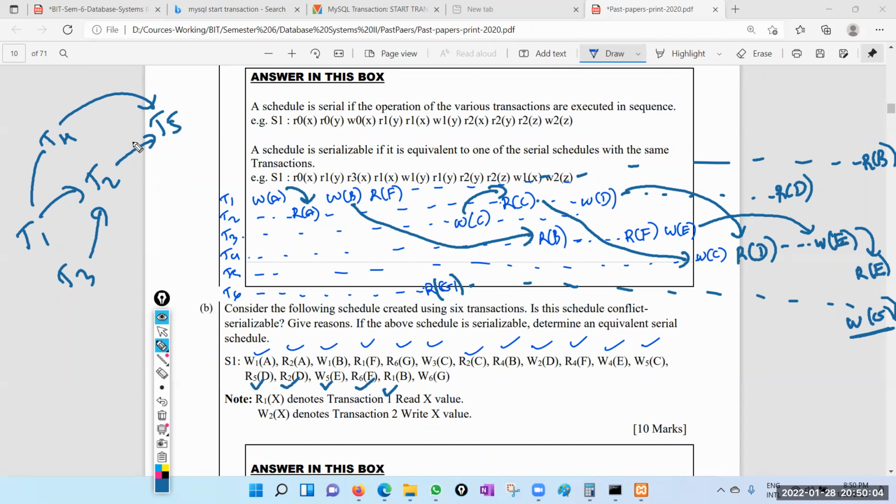Is there more? E is somewhere else too. So that means T4 and T6 also, you can see write and read. That is T4 and T6 also there.